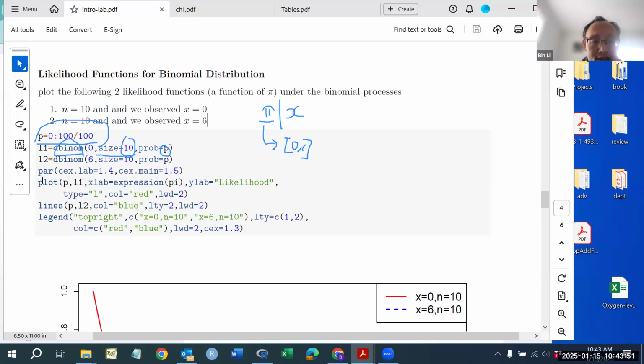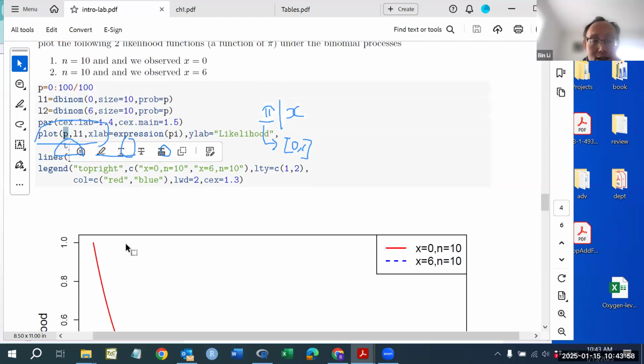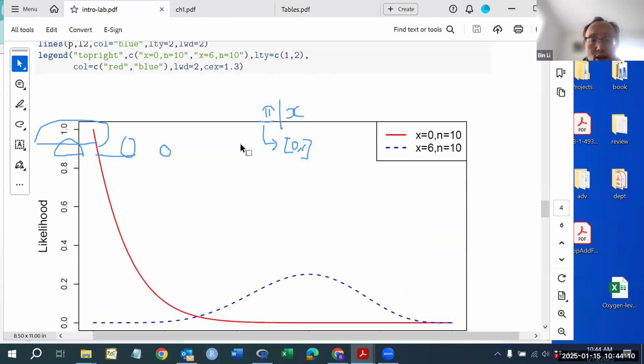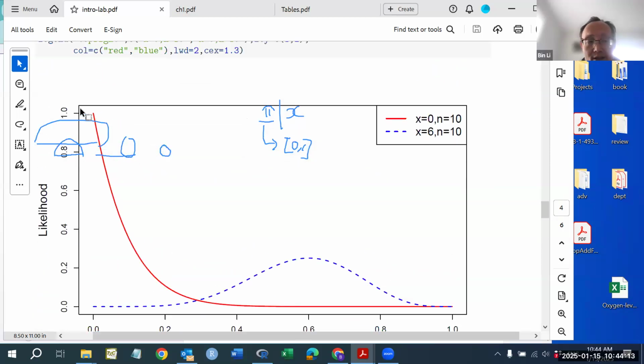Now I plot p, the range for pi, on the horizontal axis. The vertical axis is L1, the likelihood function for pi ranging from 0 to 1. The red curve shows the likelihood function given 0 successes out of 10.